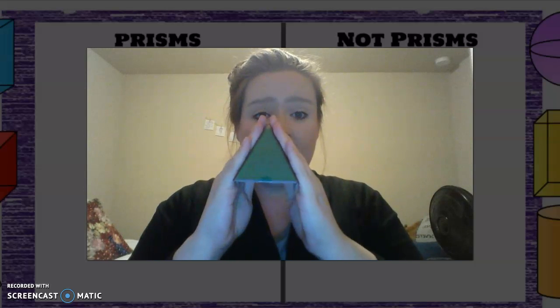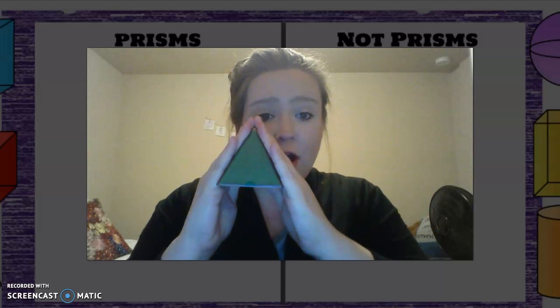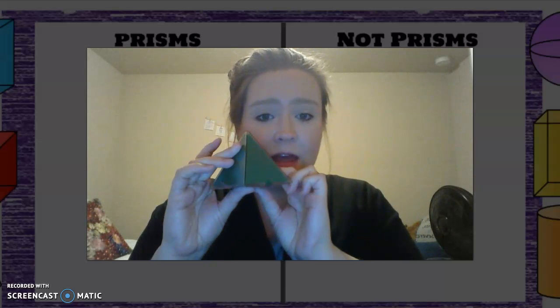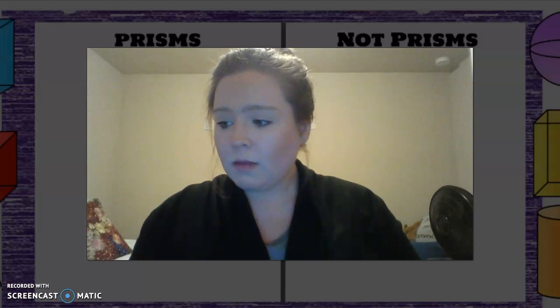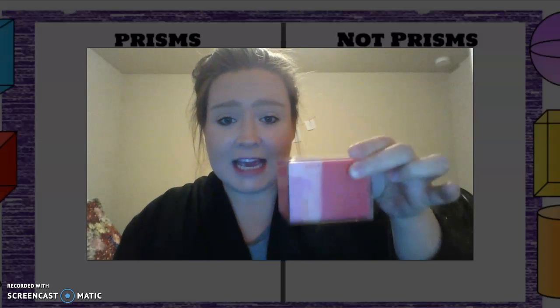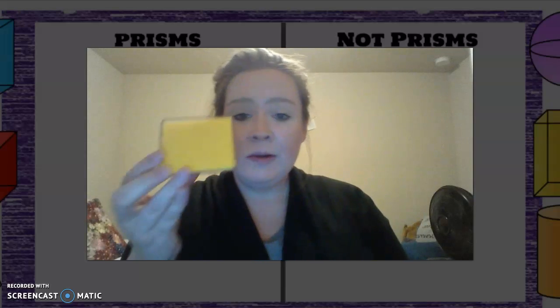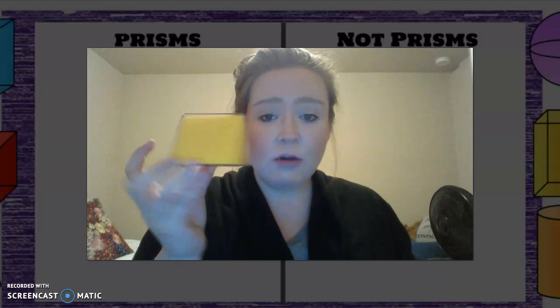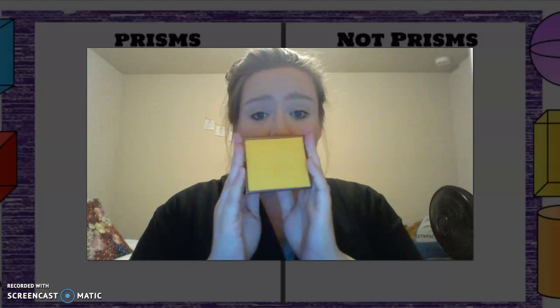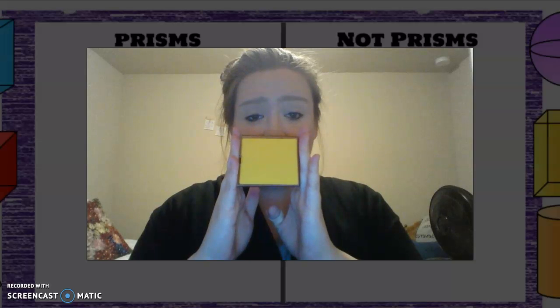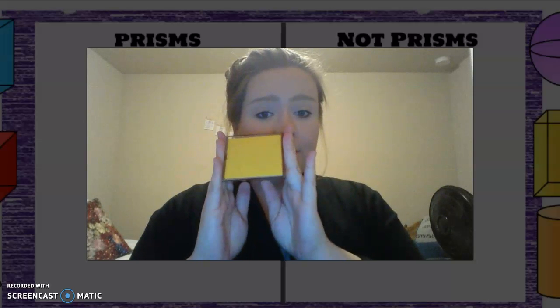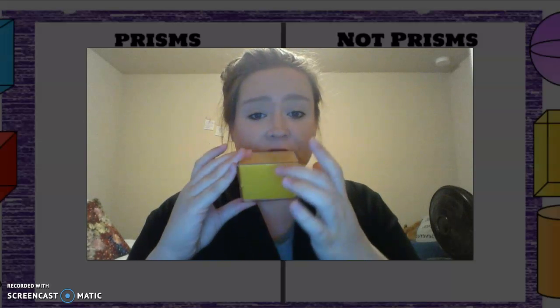But this one, they do meet. So these are not parallel. While they are the same, they are not parallel. So this is a rectangular prism. This is a triangular prism. It has two opposite sides that are parallel. They're triangles. And it has flat surfaces.